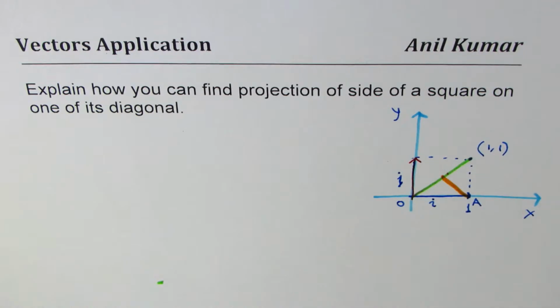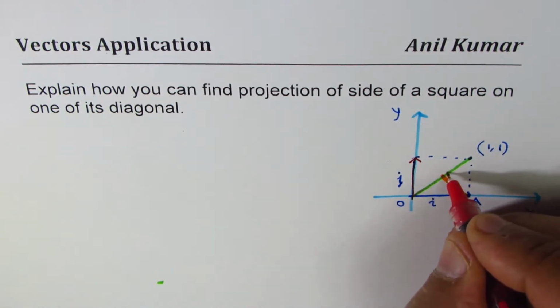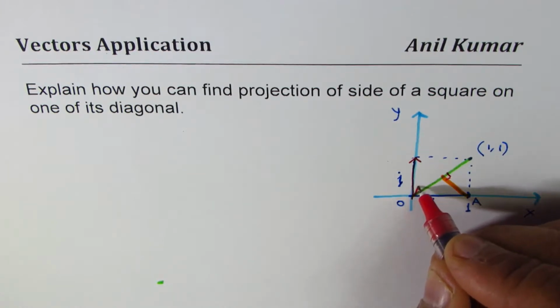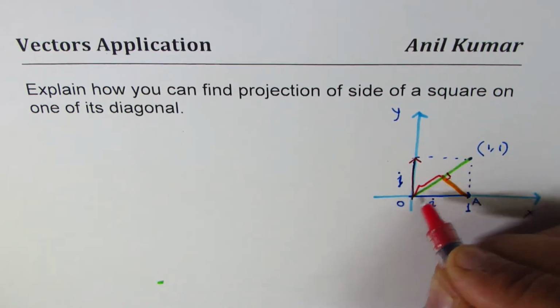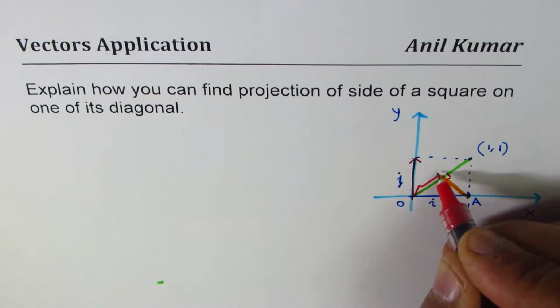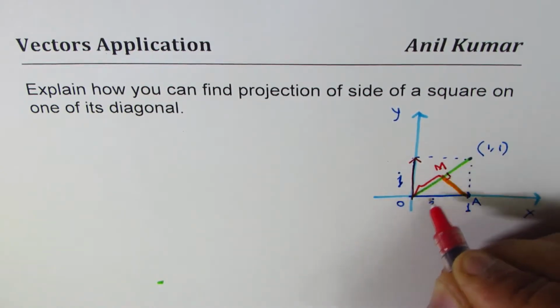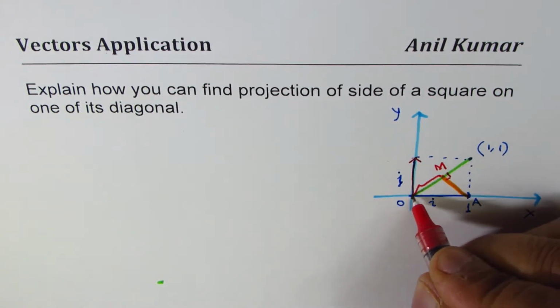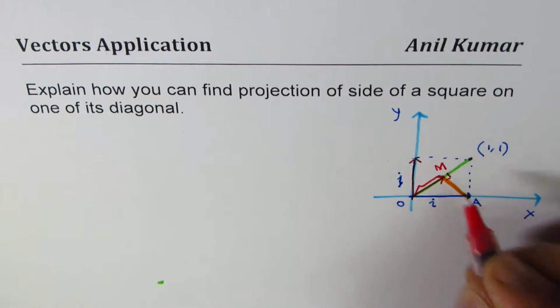Making 90 degrees angle. So the projection is from here to there, right? So this, let's say, is going to be the midpoint also in a square. So OM is going to be the projection. So that's the projection OM.